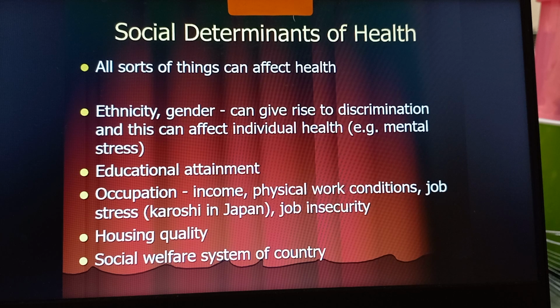So you have the 3D jobs, the dirty jobs, the degrading jobs, and the dangerous jobs, right? Occupation can give rise to job stress. For example, in Japan, there's a term for death because of overwork. It's called karoshi. Job insecurity, right?